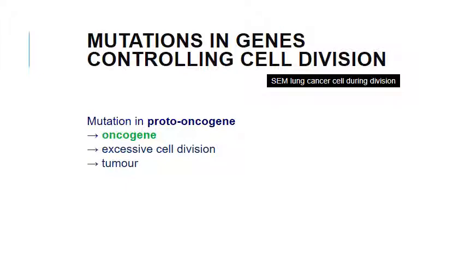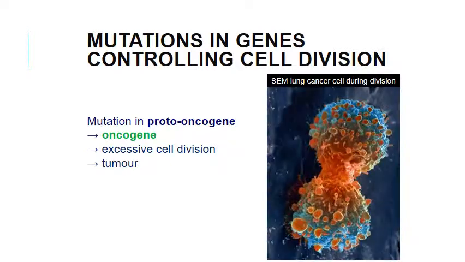The cells that divide may stick together to form a tumour, and then the tumour may break apart or metastasize and move to other parts of the body to invade different tissues and different organs around the body. Here we can see a scanning electron micrograph of lung cancer during cell division.